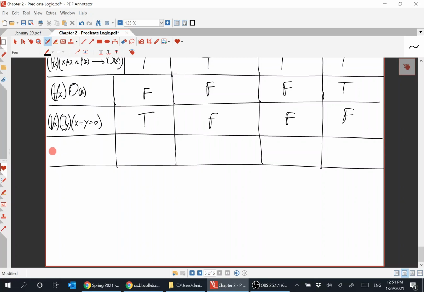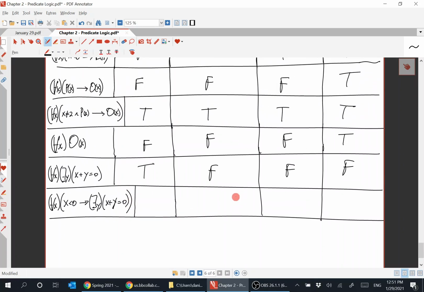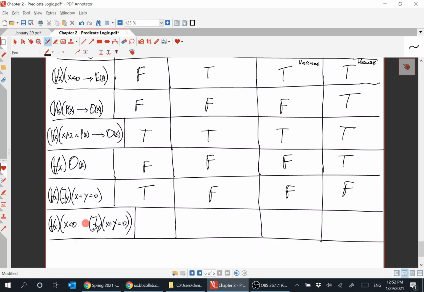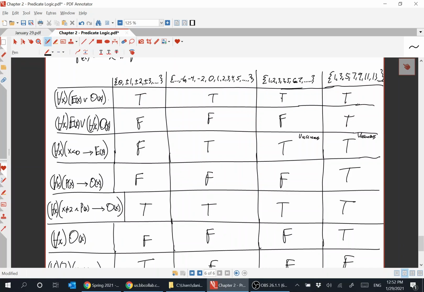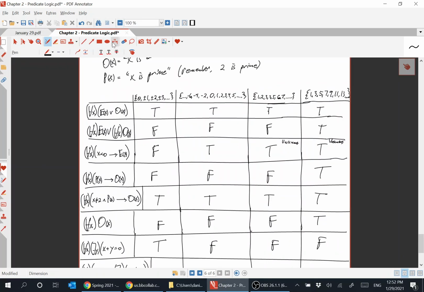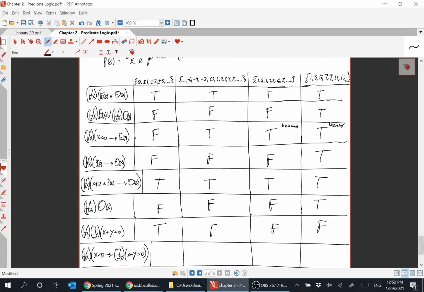How about this? For every x less than 0 implies there exists a y such that x plus y equals 0. What about here?